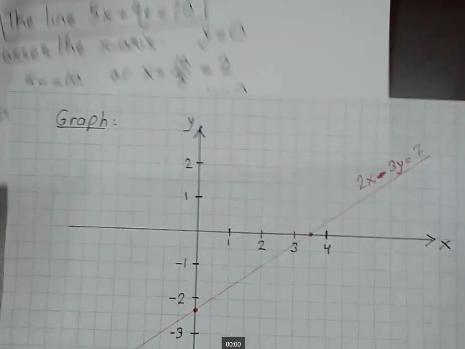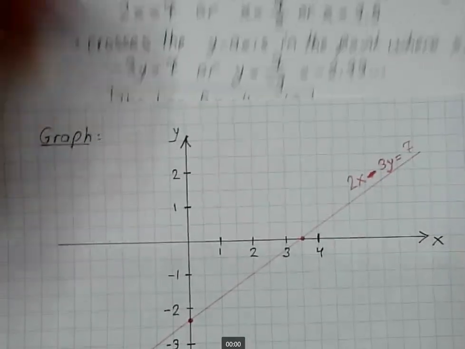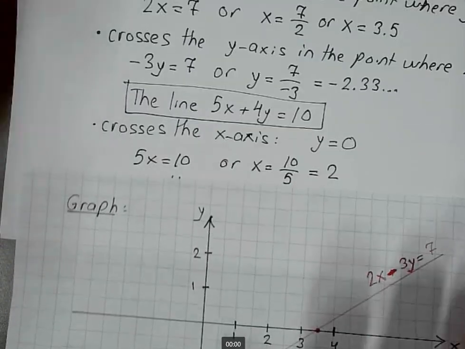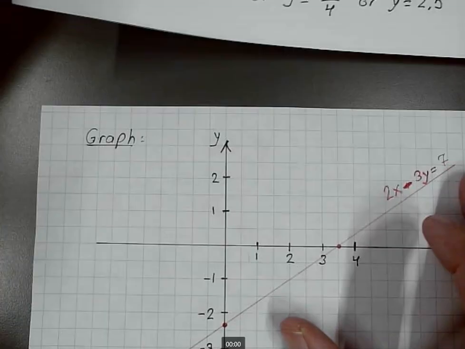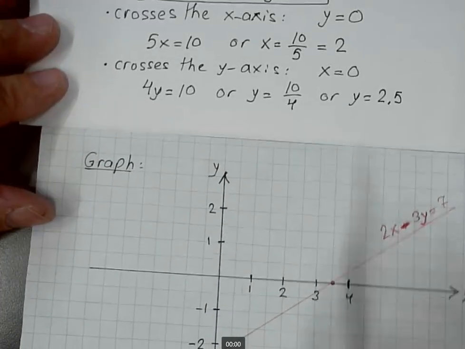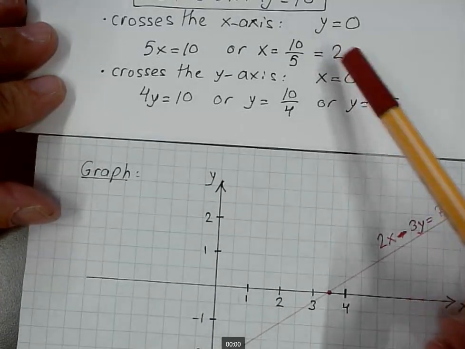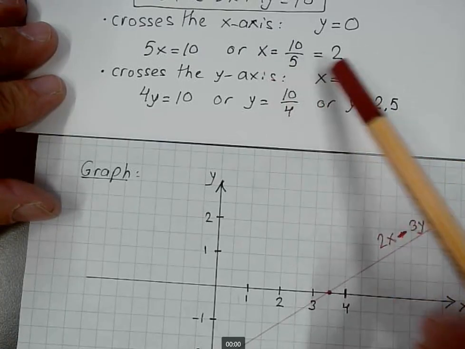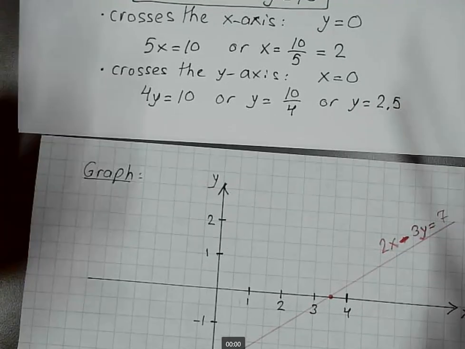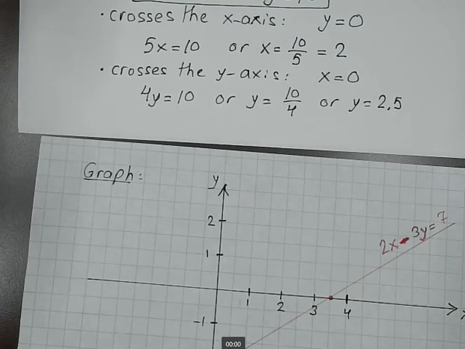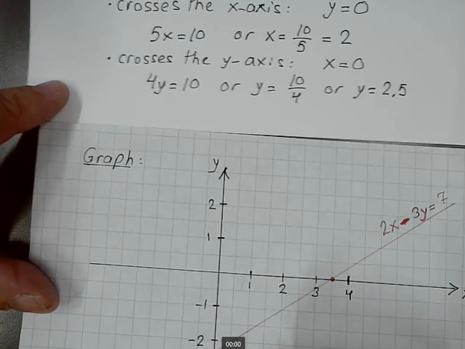And then the other line there. We had those crossing points there, x equals 2 and y equals 2.5. Let's take another color. Maybe green is good.